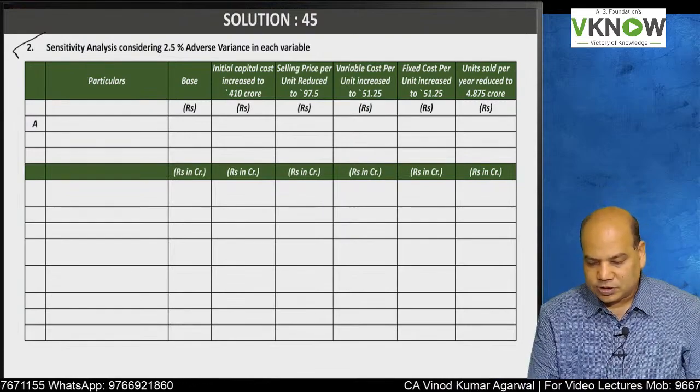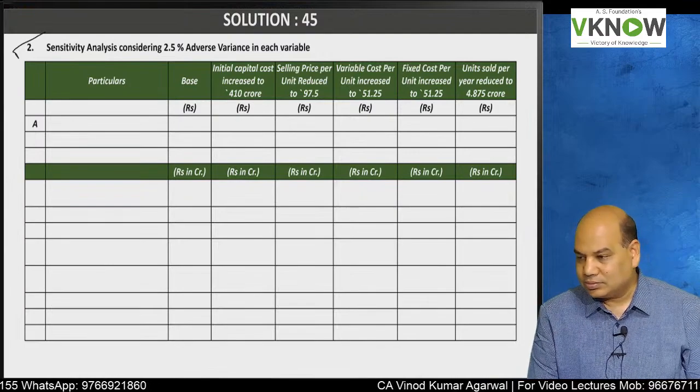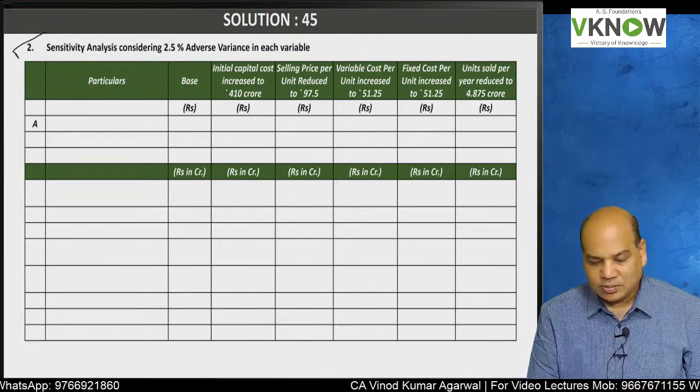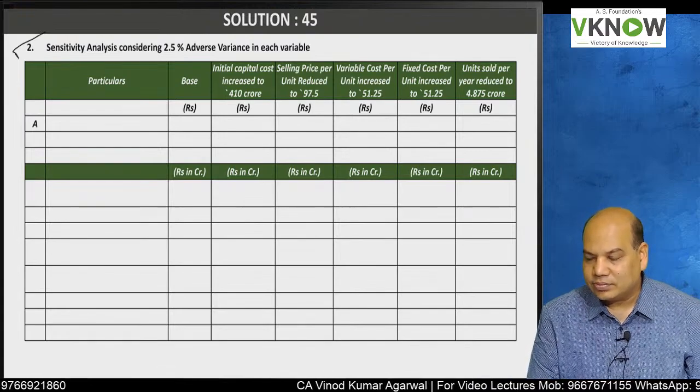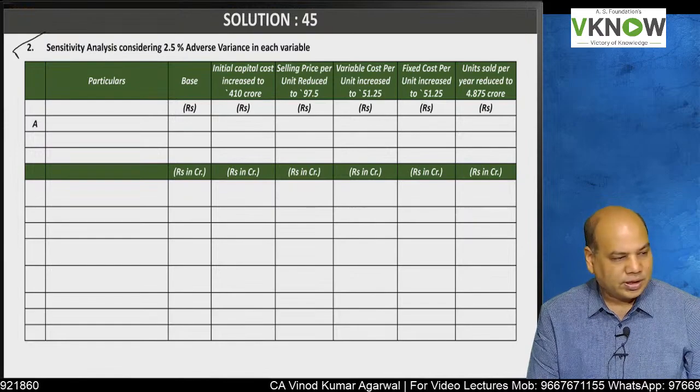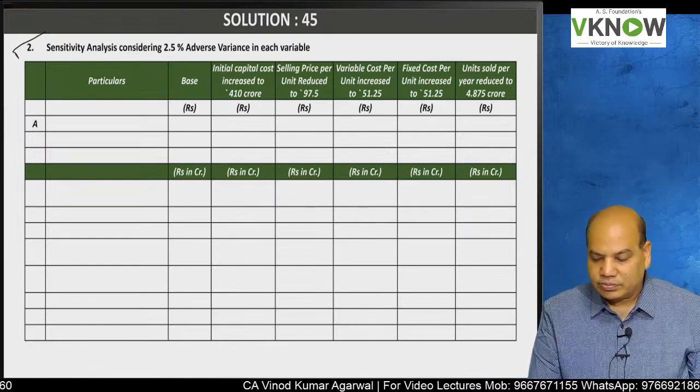Draw this table first. Take a scale, pencil, draw the table first. You have to learn to solve it nicely in the exam. Similar questions have been asked in past exams.